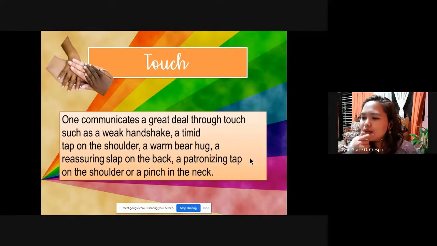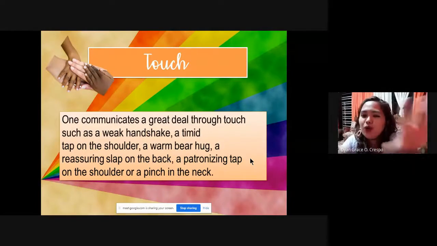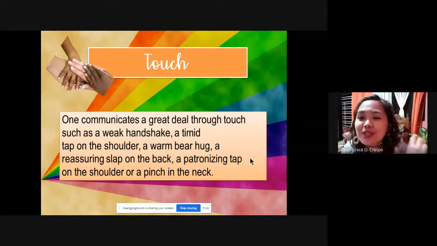I remember I have a co-faculty. Of course, a lot of students, especially in junior high school, love to hug their teacher in my school. Every time she is hugged, because she is very ticklish on her shoulders, every time someone hugs her, she reacts like that. No. Avoid. So she doesn't want that. She doesn't like to be hugged.